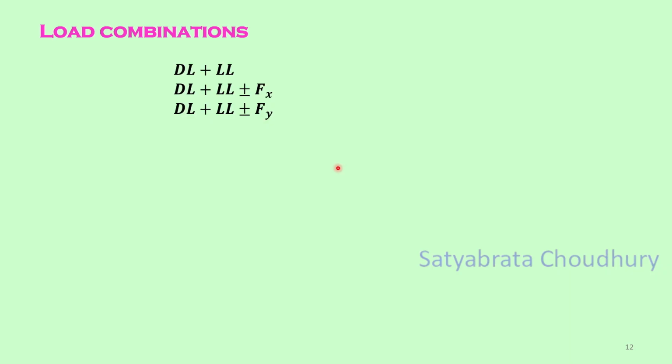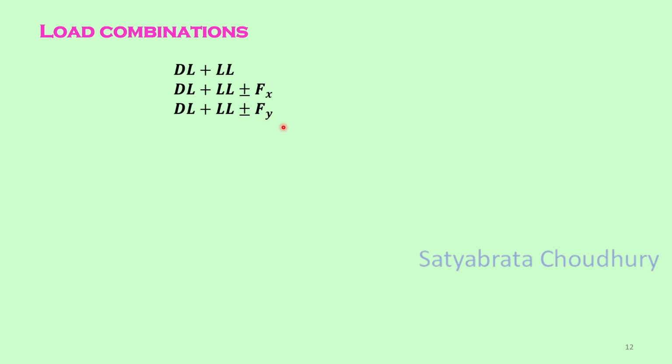So the combination is simple: dead load plus live load plus or minus earthquake load in say long direction, and dead load plus live load plus or minus earthquake load in the short direction. So these are the simple cases. You have to calculate the loading due to earthquake in both the directions separately and use the combinations.